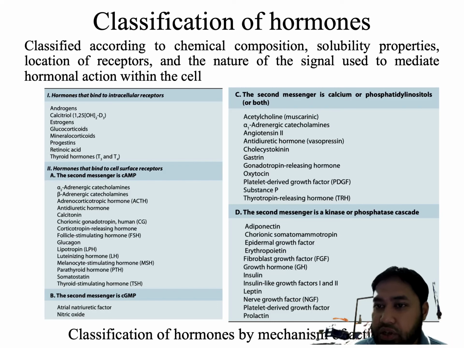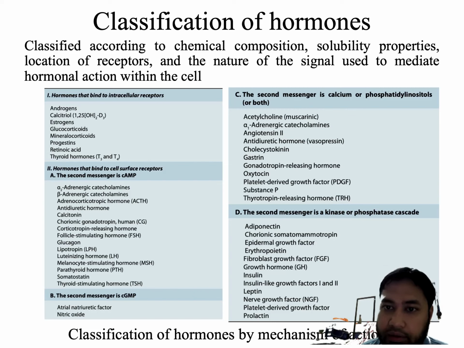Okay, in certain conditions, the signals or the second messenger expressed inside the cells can be in the form of calcium. So the calcium is the signal. Some other hormones can bind to cell surface receptors and initiate cAMP, or maybe other hormones can initiate cGMP.